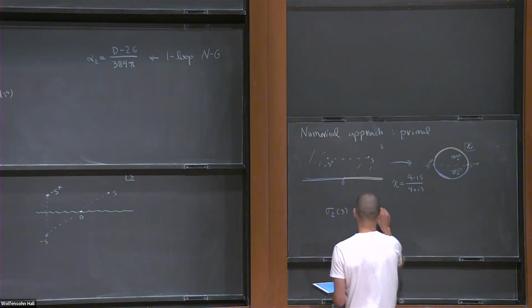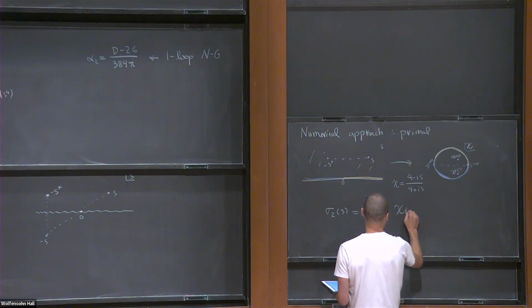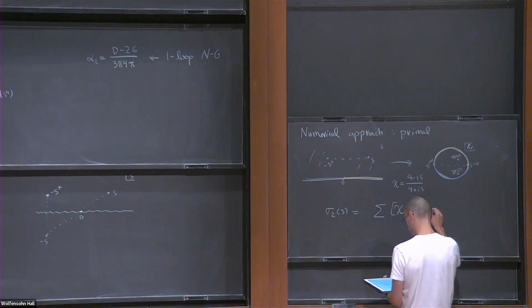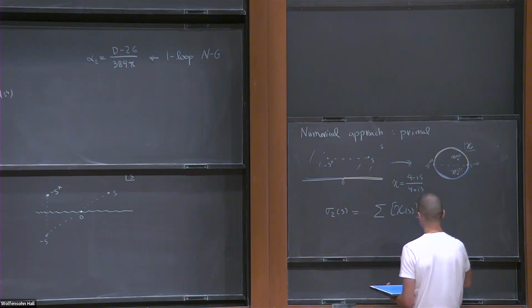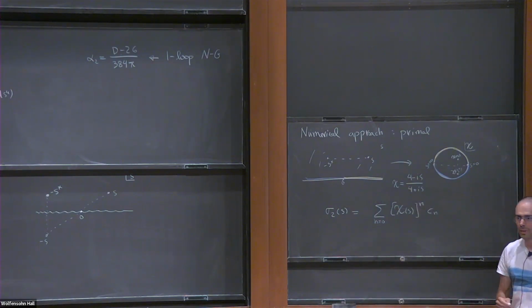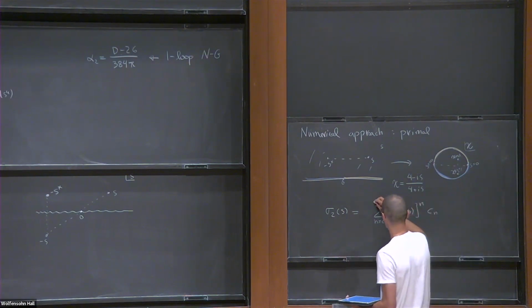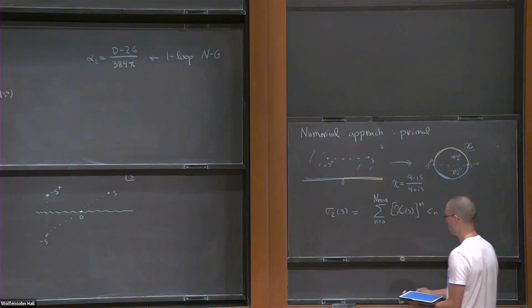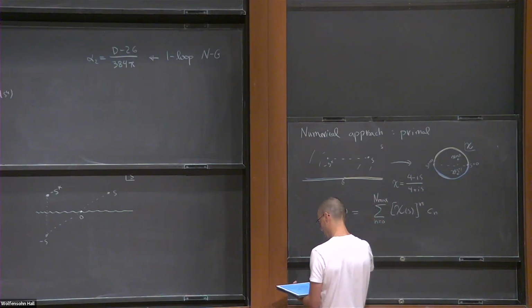We just write it as a sum of powers chi of s to the n with real coefficients, let me call them Cn, and we sum from n equals 0, in principle up to infinity. In the numerical procedure, we introduce a cutoff n max, which is our numerical truncation, and then we will see how things converge when we increase n max. So that's our ansatz, and similarly for, say, sigma 1.